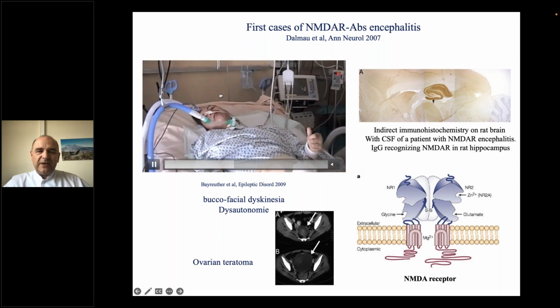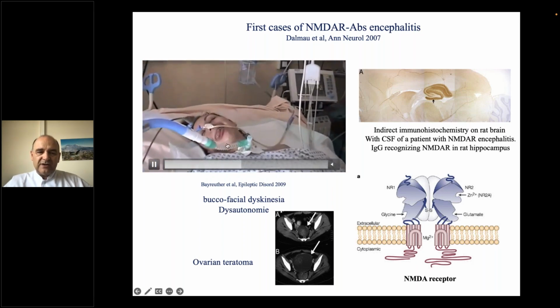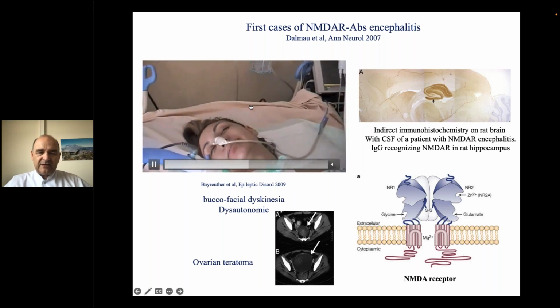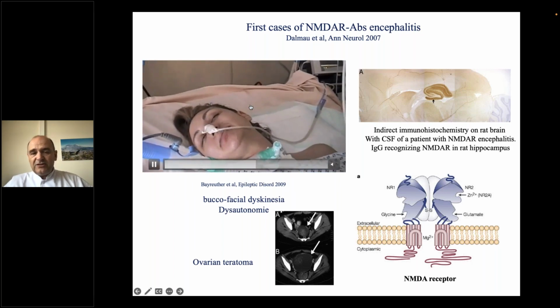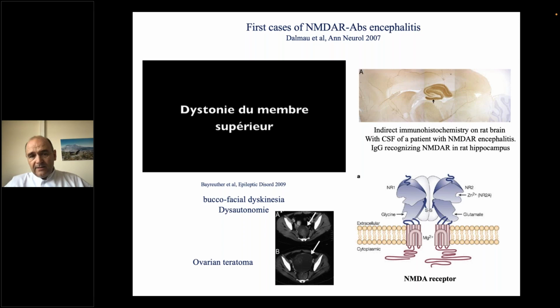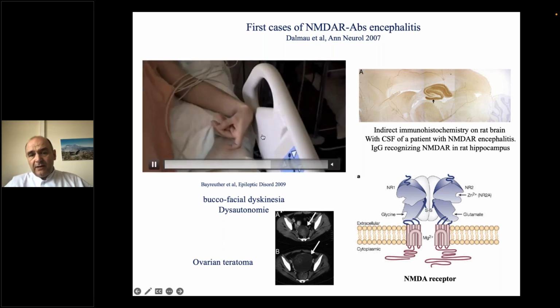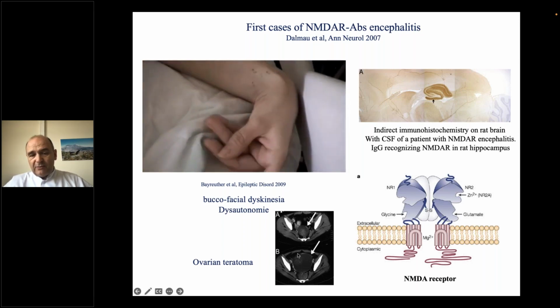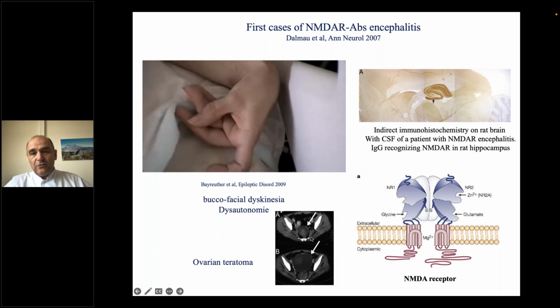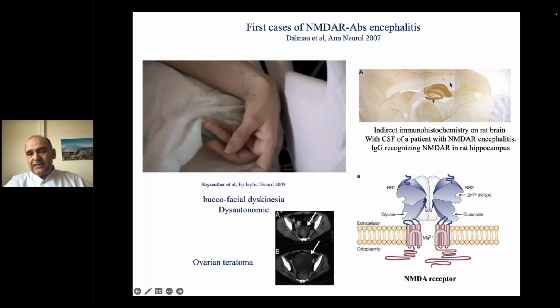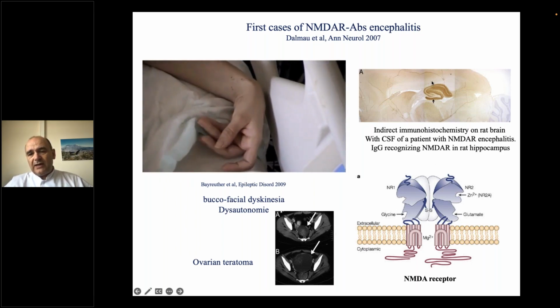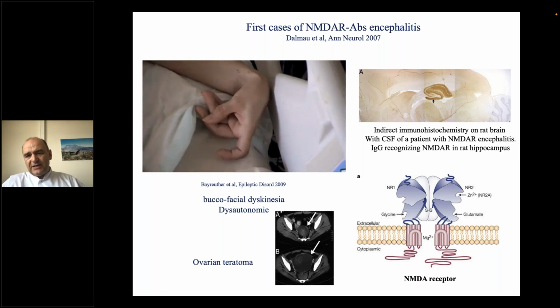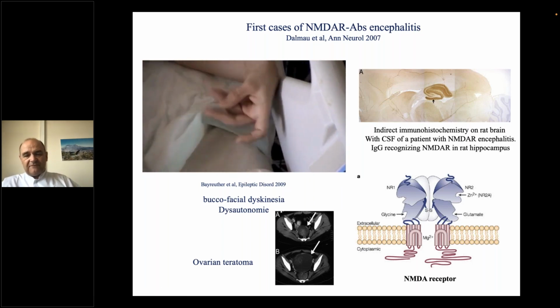You can see the typical buccofacial dyskinesia of this disease, and dysautonomia necessitating tracheotomy. She had an ovarian teratoma that was removed, and circulating autoantibodies against NMDA receptors in the CSF.